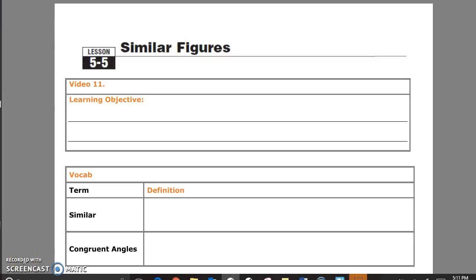Okay guys, today is lesson 5.5. We're doing similar figures, and our learning objective is to determine whether figures are similar.